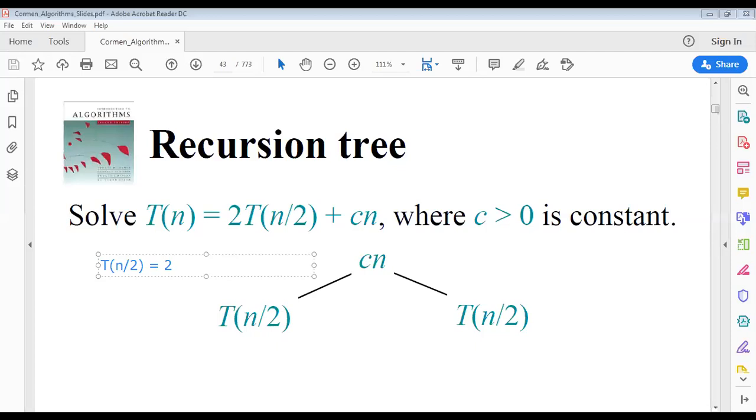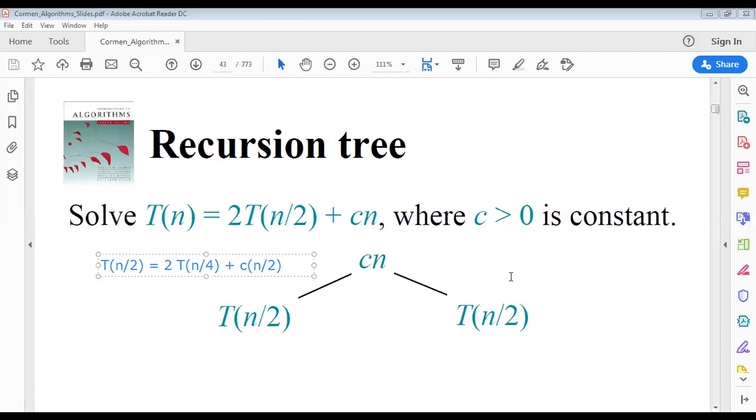T of n over 2, over 2. This n over 2 is the value which we have placed instead of n. So the resultant equation should be 2T of n over 4 plus cn over 2.